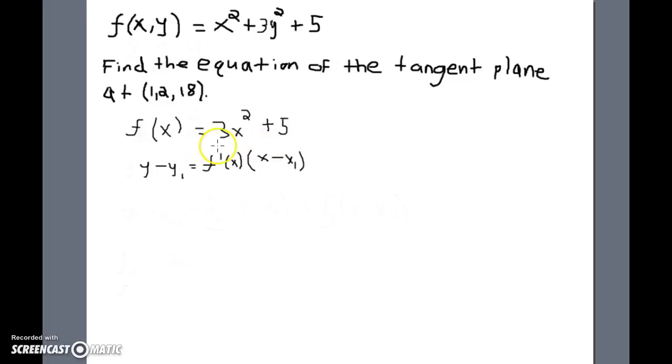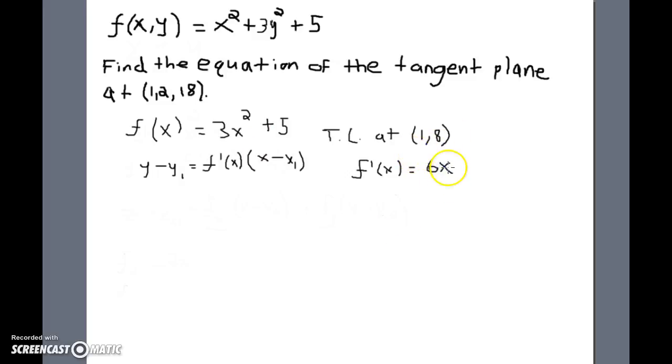So let's just finish this problem right here. Let's say we wanted to find the tangent line at the point (1, 8). So first we would find the derivative of this function with respect to x, and that would be 6x.